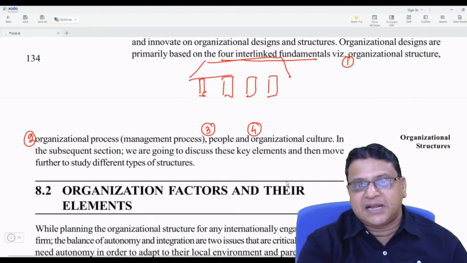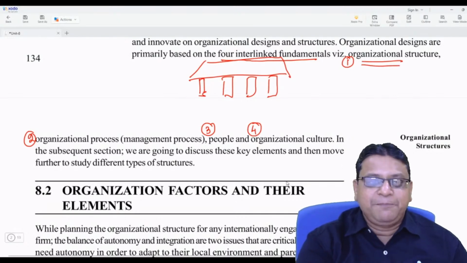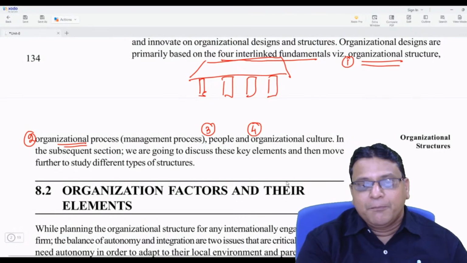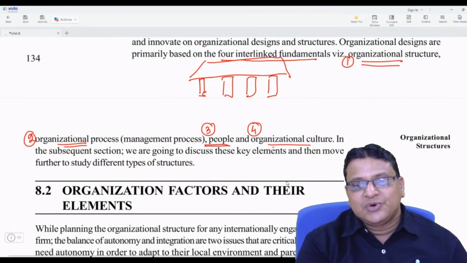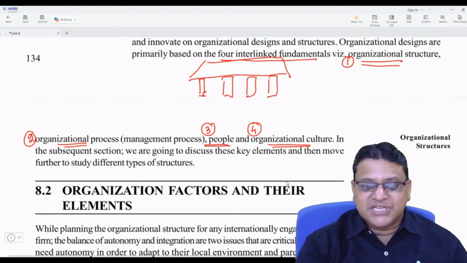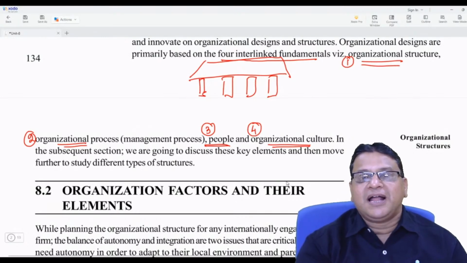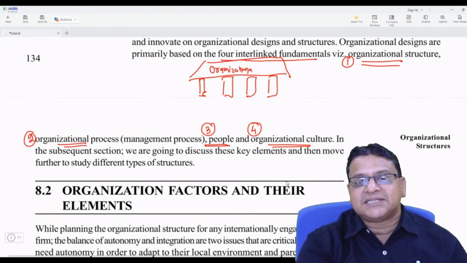The first pillar is organizational structure, the second pillar is organizational process, the third pillar is the people working in an organization, and the fourth is the culture which exists in an organization. So structure, process, people, culture are the four pillars of organizational design. An organization is designed on the basis of these four pillars.